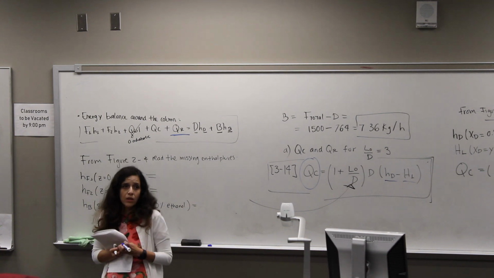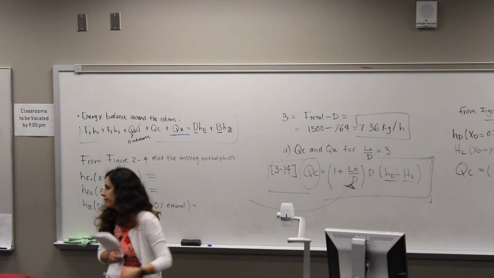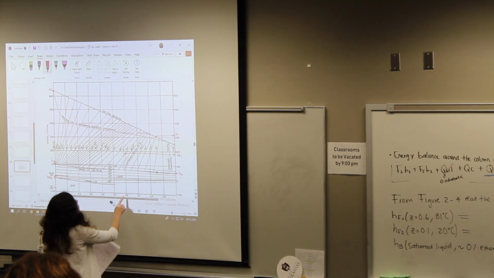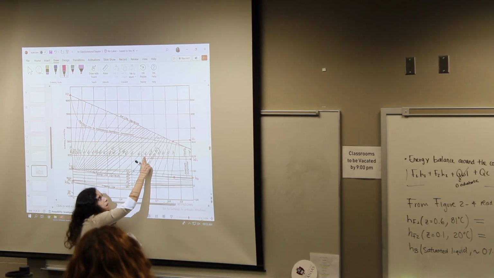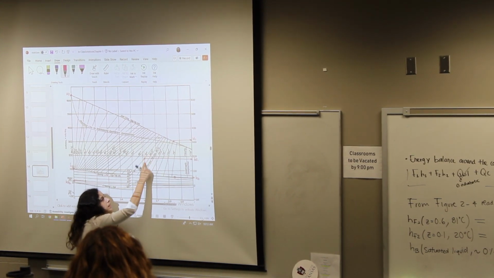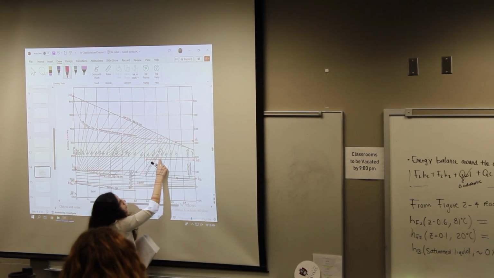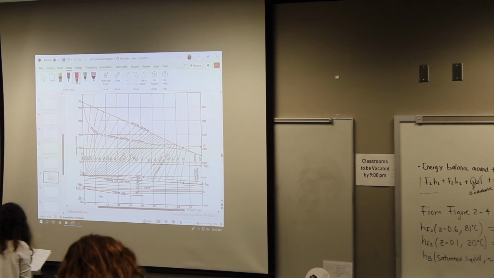Why? Because all the ethanol is where? Here. We are feeding 0.6 at around 81, so here is the 81 temperature line, right? Again, 0.6, 81, go, and I can read that feed enthalpy.